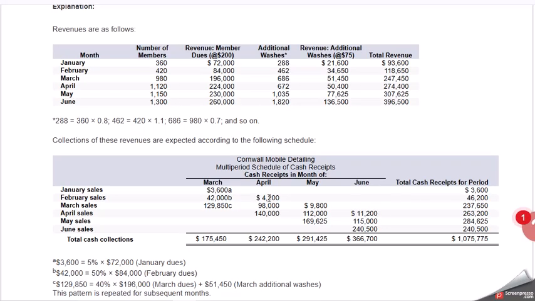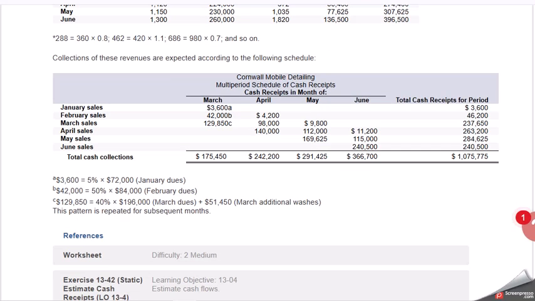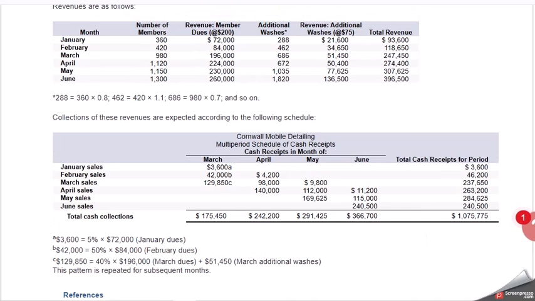We'd have 5% of February sales coming in, 50% of March's sales, 40% of April's revenue dues, plus all of their additional washes, the 50,400. So again, they're not showing us those mapped out, but that pattern is just repeated.